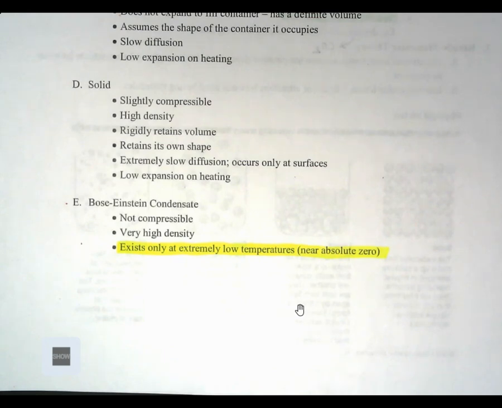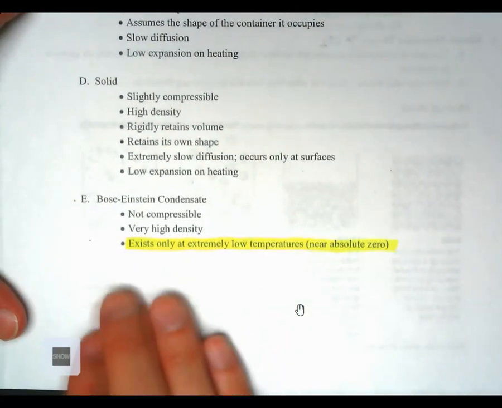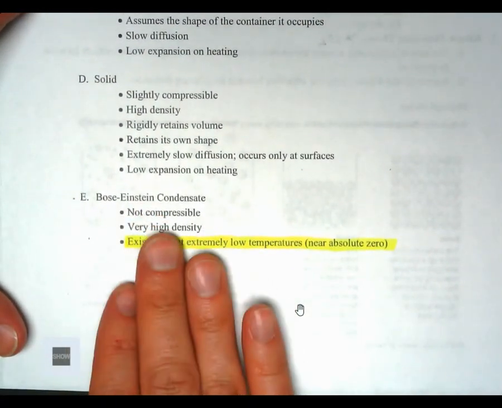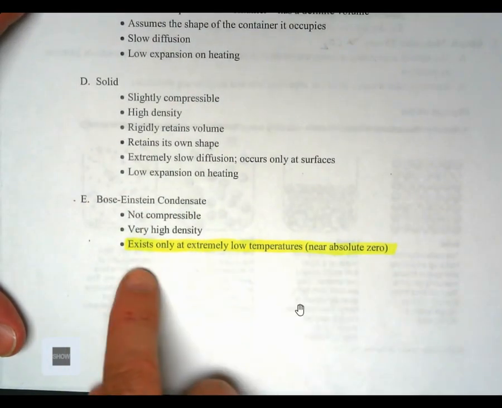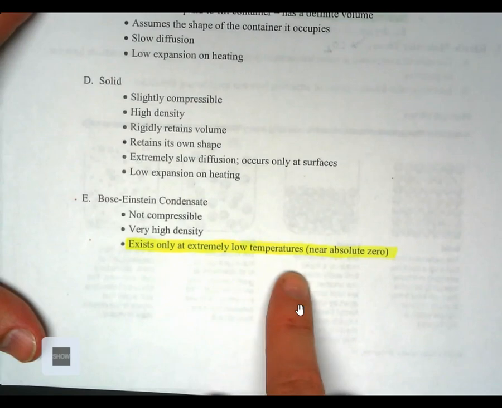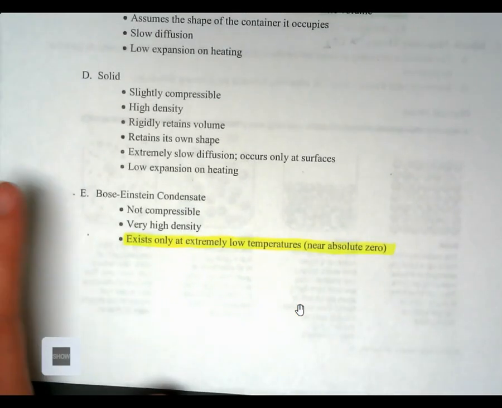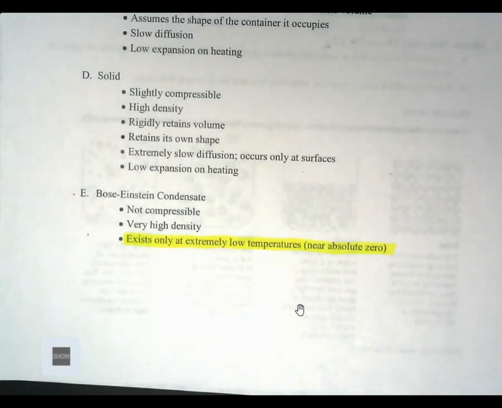For the Bose-Einstein condensate, what I really want you guys to remember is that the Bose-Einstein condensate state of matter occurs at really low temperatures close to absolute zero. Okay, that's why I highlighted it. Okay, questions? All right, let's flip.